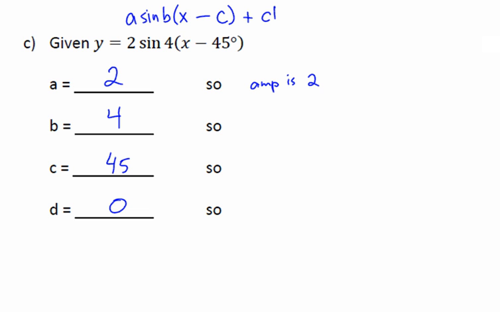What does our B tell us? Period is 2 pi over 4. What does that reduce to? Pi over 2. You can reduce that to pi over 2. So full rotation in pi over 2, 90 degrees. Okay, we have x minus C. So we're going 45 degrees. What direction? To the right.